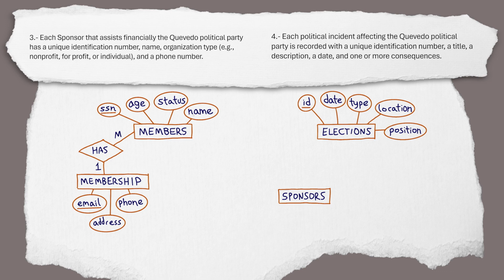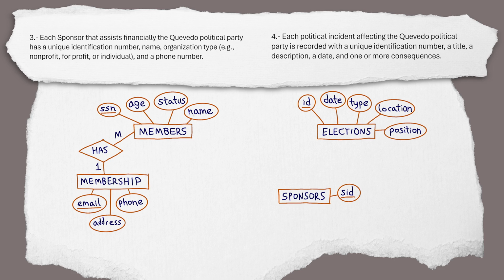I have previously used ID for elections, and here I'm going to use an ID for identifying a sponsor. I can add something like SID to say it's a sponsor identification. Because of the keyword unique, I will underline it, because this will be a good primary key for this entity set.